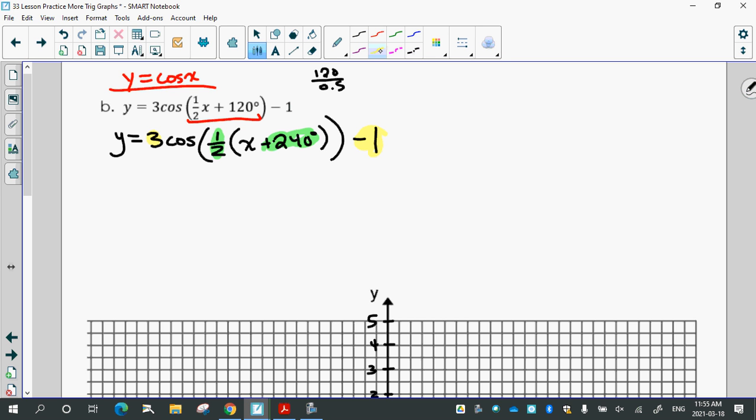So that means I need four instructions for myself. If I go from left to right and I do the 3 first, that's a vertical stretch by a factor of 3.